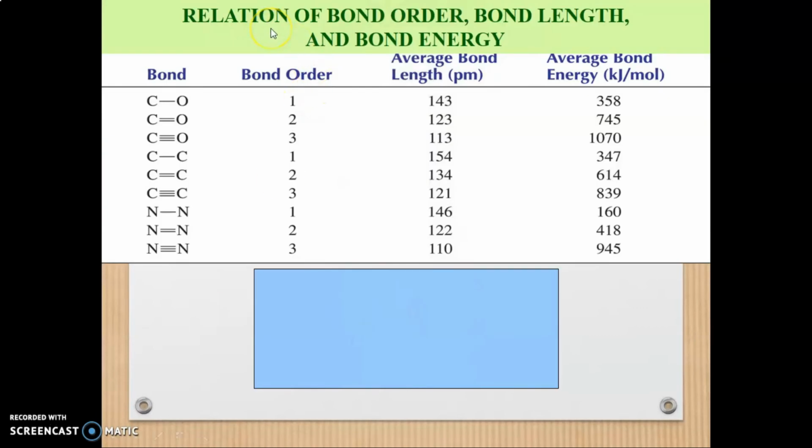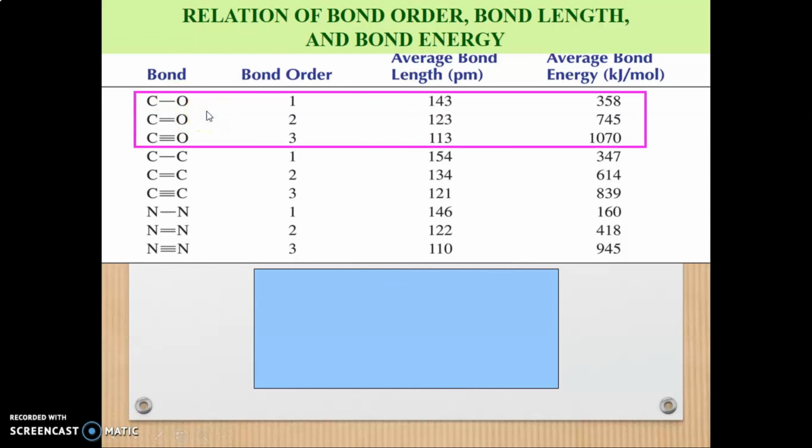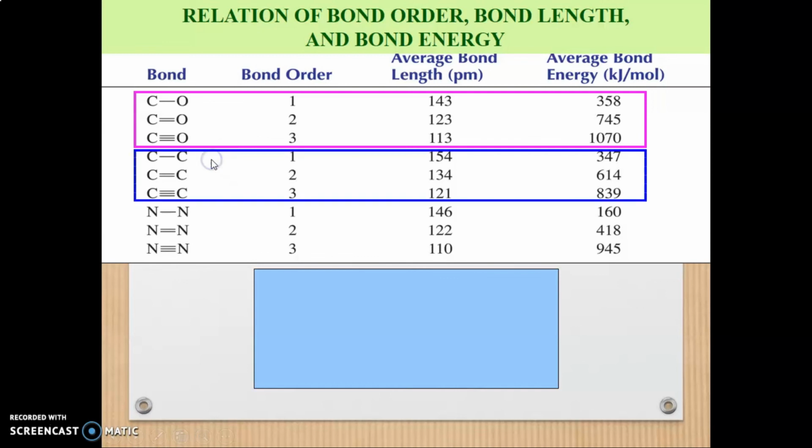Okay, now let's see the relation of bond order, bond length, and bond energy. So we have here carbon bonding with oxygen, carbon bonding with carbon, nitrogen bonding with nitrogen. So let's see nitrogen.